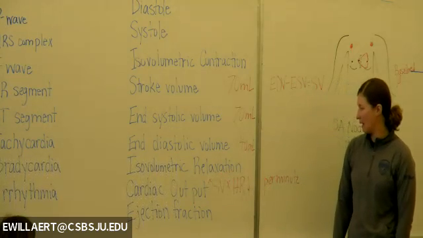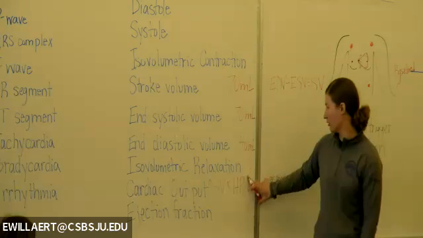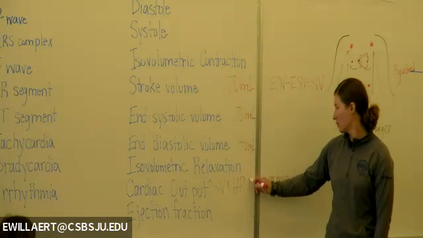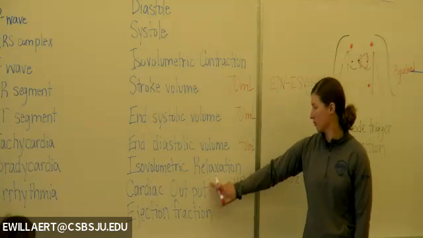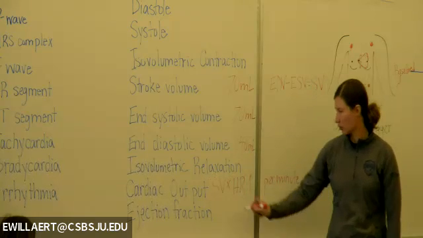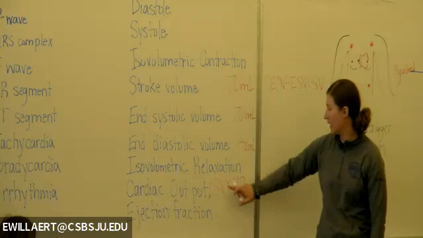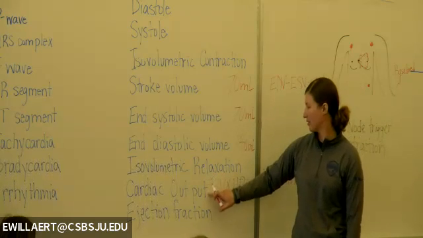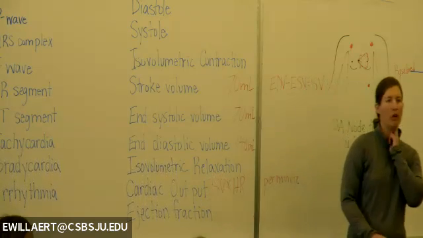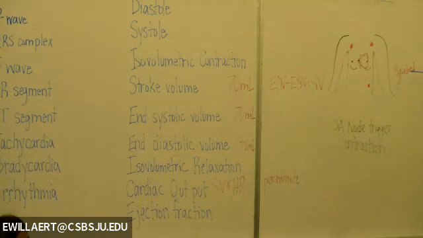And if our heart rate goes up, what's probably happening to our stroke volume? Going down. Okay. So this comes back to, I think it was Addison, when we were measuring heart rates before.